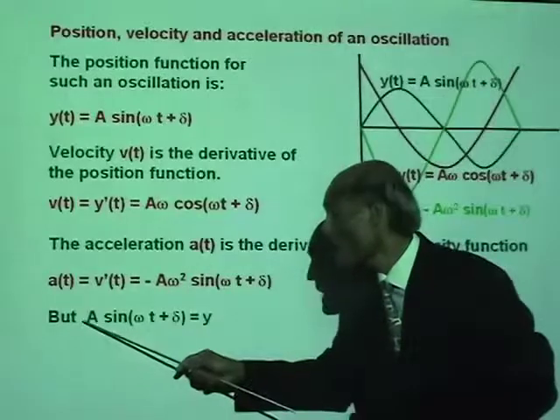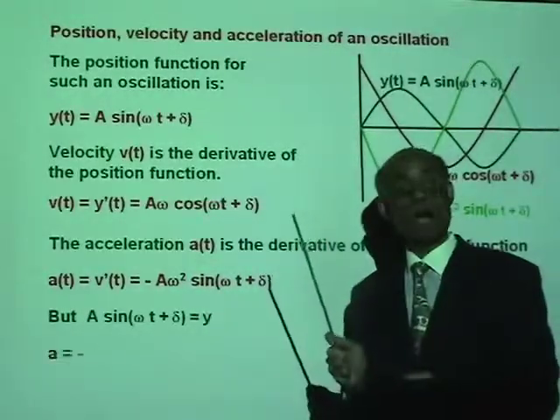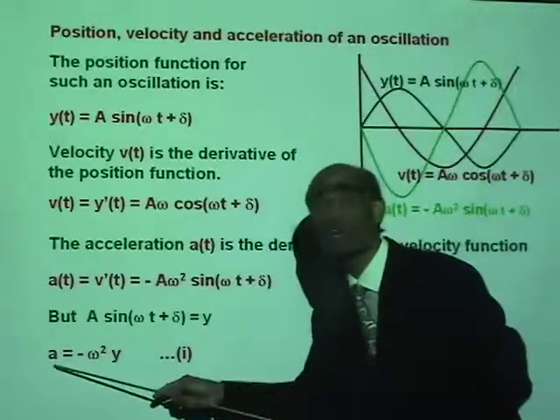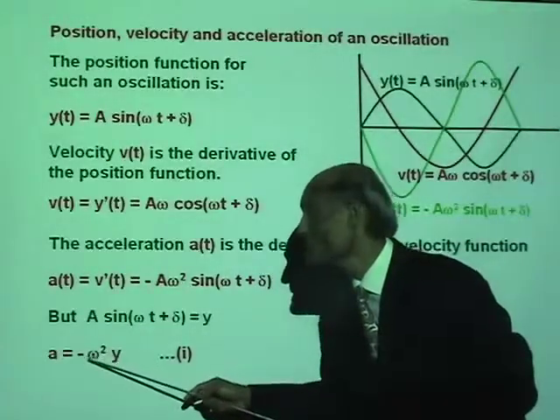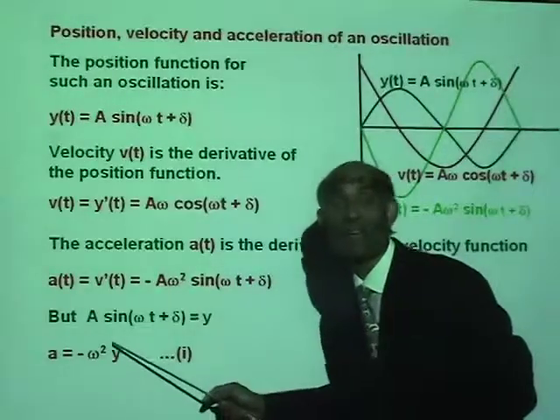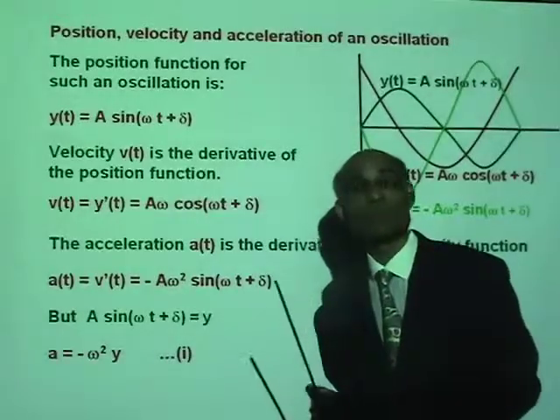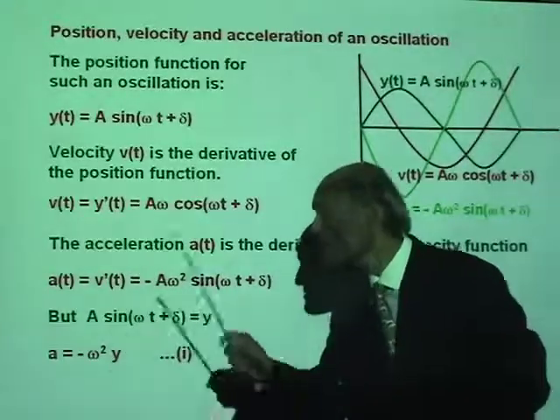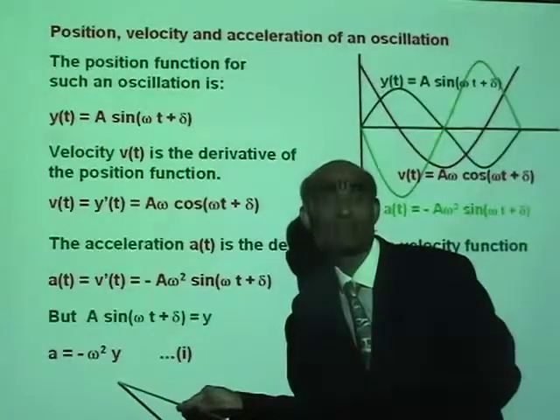But because a sine omega t plus delta equals y, we can now write the equation for acceleration as a equals negative omega squared y. A very important equation. A equals negative omega squared y. Don't you ever forget this equation.